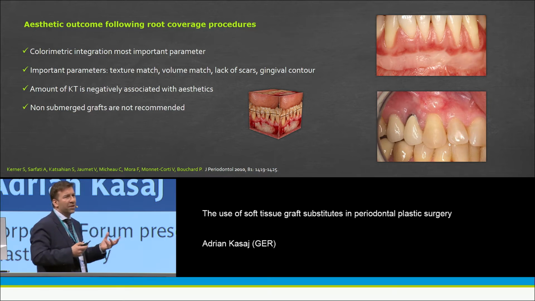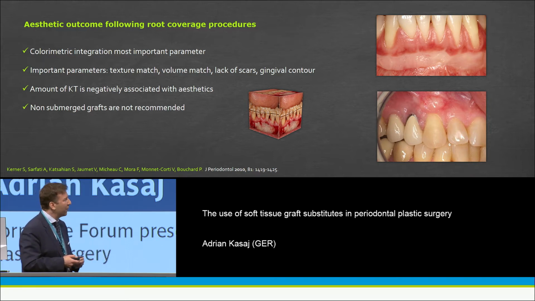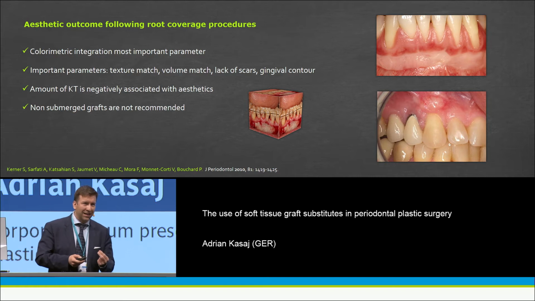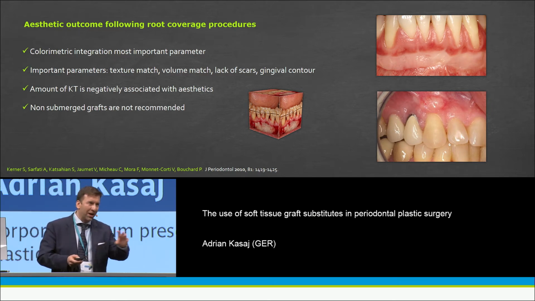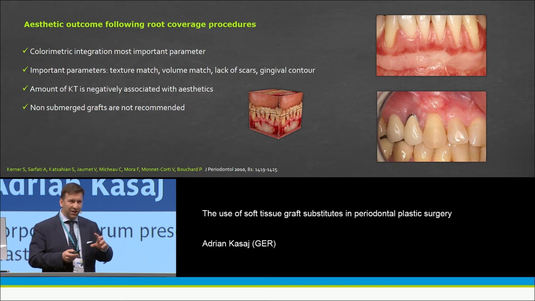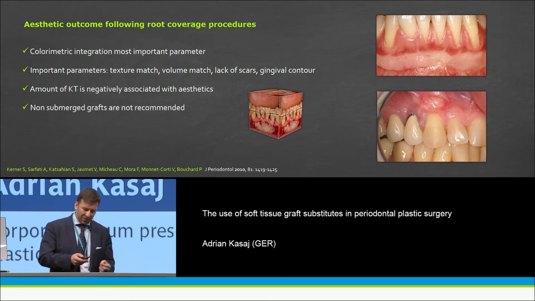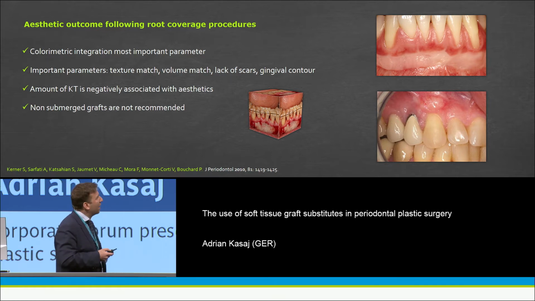So from this point of view, the free gingival grafts, the non-submerged grafts, are not really the first choice when it comes to aesthetic coverage of exposed root surfaces. You see on the upper right picture this motorway of keratinized tissue. Yes, a lot of keratinized tissue. It is attached, but from an aesthetic point of view, it's not really pleasant for our patients.